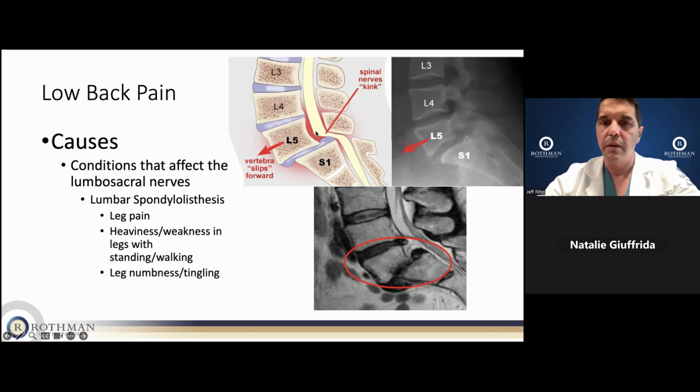As this shifts forward, these nerves that travel through the canal can get kinked. This is an MRI of someone with spondylolisthesis. You can see that this vertebra is shifted forward on this one. That's L5 and S1. And the disc is bulging, and this would cause a significant nerve compression. So in addition to back pain, it can also cause the leg pain and weakness in the legs, because the nerves start to get pinched.